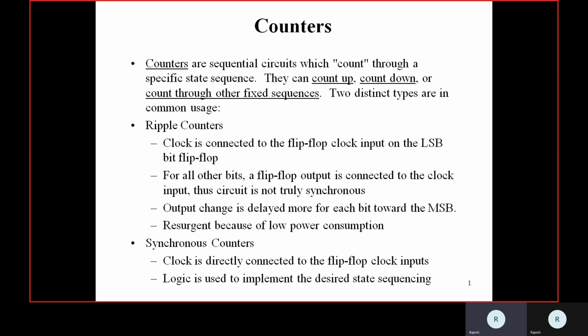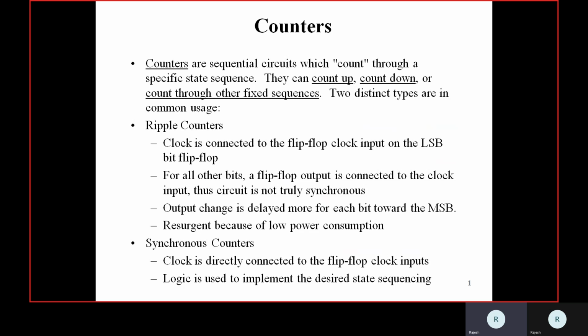So we have two different types of counters: ripple counters, or asynchronous counters, and synchronous counters. In a ripple counter, the clock is connected to the flip-flop clock input on the LSB bit, and for all other flip-flops, the output of one flip-flop will act as the clock to the next one.